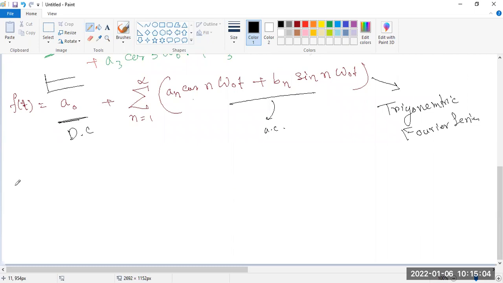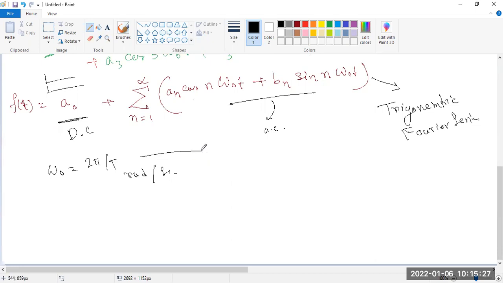Now if we go for a detailed analysis, omega 0 is 2 pi by T. Omega 0 means 2 pi by T, in radians per second. This is called the fundamental angular frequency.